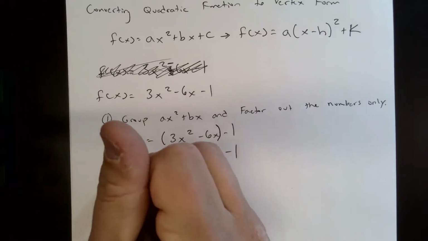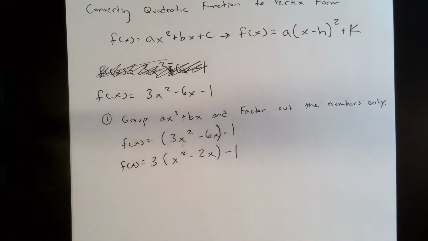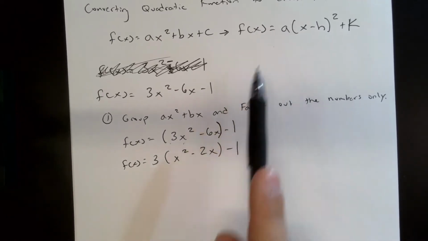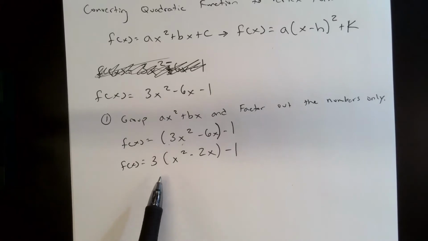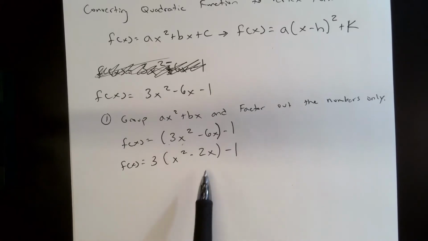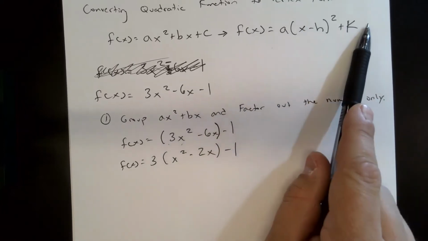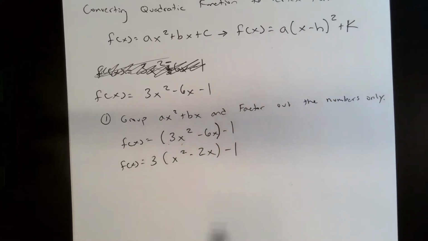I'm fine with it, whatever you want to do. As you guys can see, it's already starting to get into this form. So we already have our a. What's our a? 3, right? This isn't our k yet, but you can kind of already start seeing how it's getting into this form. See that?